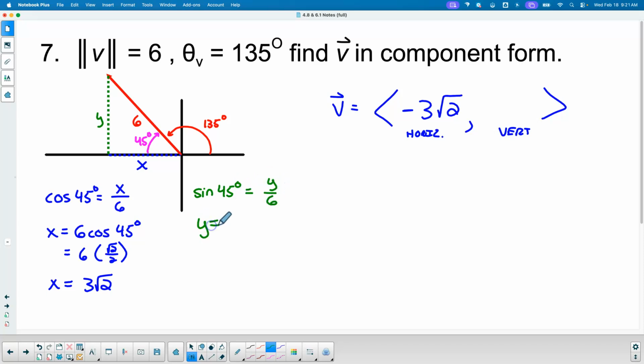So y would be 6 sine of 45 degrees, which would also be 3 square roots of 2, because the sine of 45 is the same as the cosine of 45. Would this fit in here?